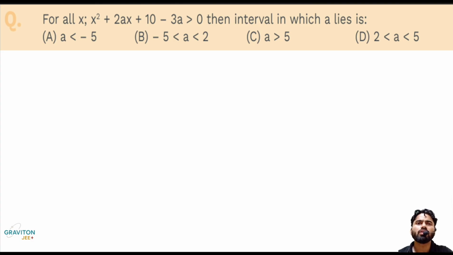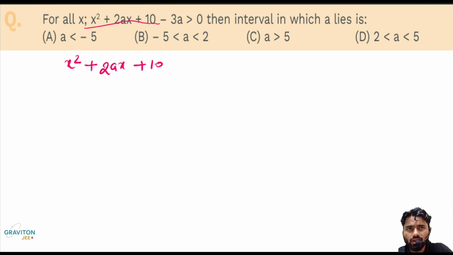In this question, given for all x, this is positive. Then we have to find where a will lie. So look at this expression first: x square plus 2ax plus 10 minus 3a greater than 0.